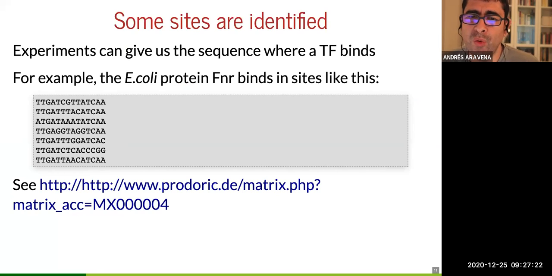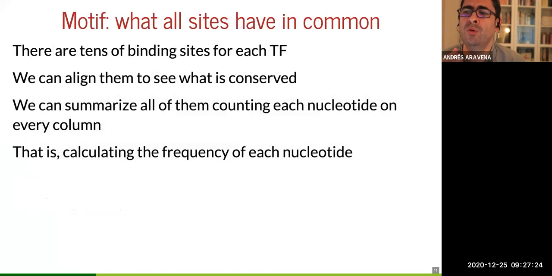So we want to find a way to characterize all of them. In other words, we want to find the motif. You know, motif is, I think, German, maybe Latin. It's like the idea behind what they have in common. I know the leitmotif is something that people use in music.